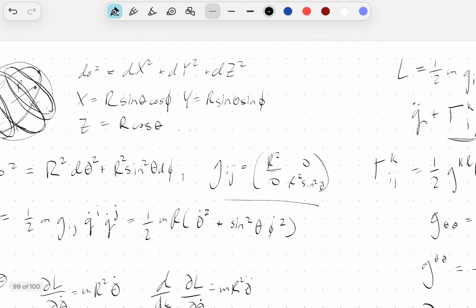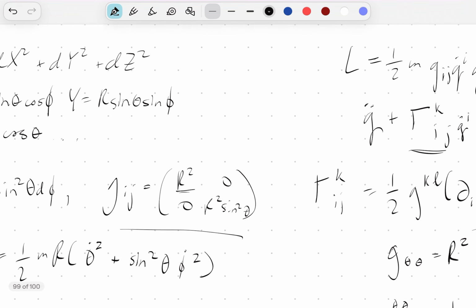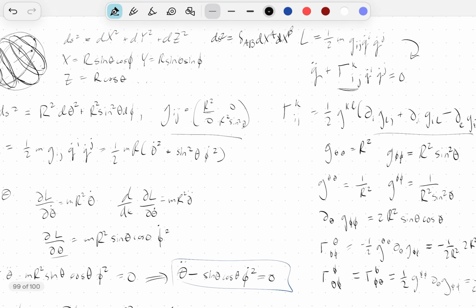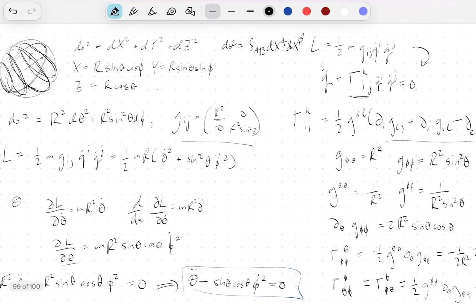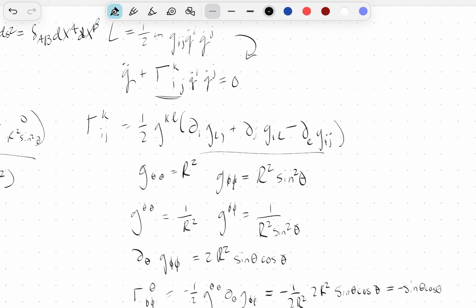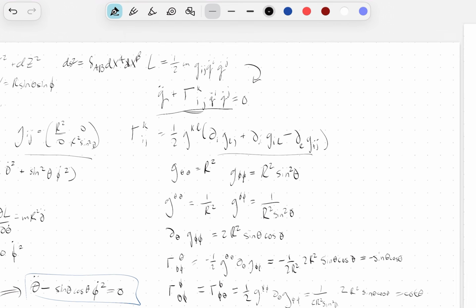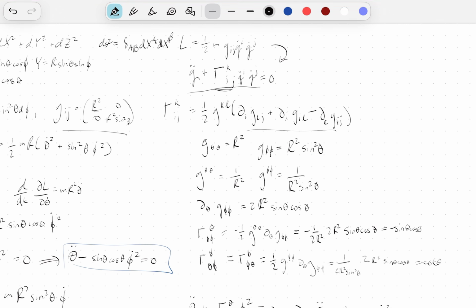And so really this ds squared here can be written as some delta ab dx a dx b, since we're only working in theta and phi, and the radius is a constant. And this metric here basically encodes from this Lagrangian the automatic production of the geodesic equation.